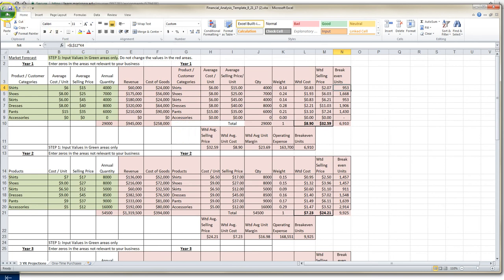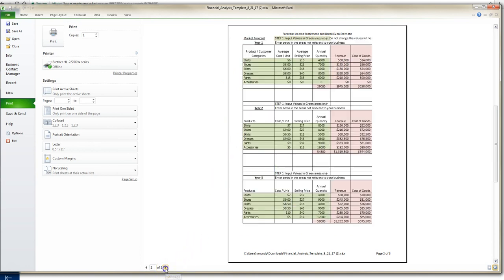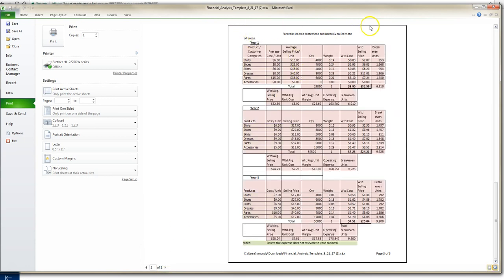When you're finished and satisfied, you can actually click on File. The print parameters for this spreadsheet are already set up as well. If you click Print, you'll see that it prints out 3 pages. One page is the pro forma income statement, the projected income statement. The second page is the forecast for the 3 years. And the third page simply shows all of the weighted average calculations that are done.